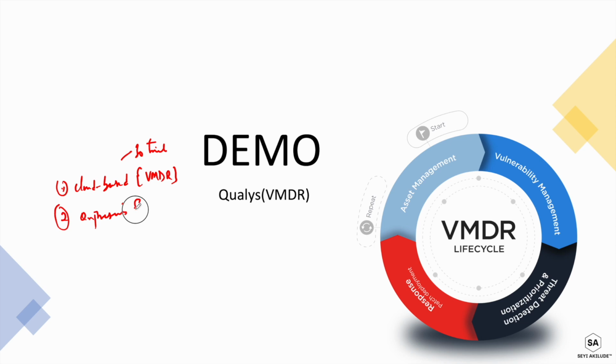The second one is using appliances which will be deployed in your network. These appliances could be physical appliances or virtual appliances. Another thing I did was that I installed a virtual appliance which connects to the cloud-based platform, so it can feed vulnerability data from the virtual scanner into the cloud environment.